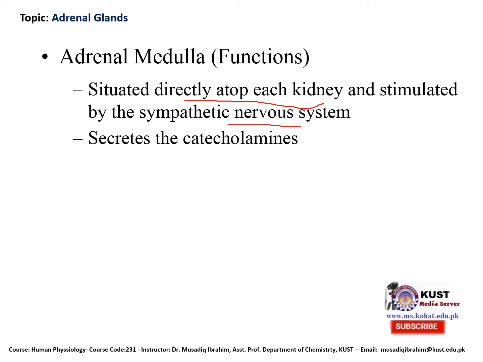The difference between the adrenal medulla and the adrenal cortex is that the adrenal cortex, which is the outer part of the adrenal gland, is not innervated by the sympathetic nervous system, but the adrenal medulla is innervated and stimulated by the sympathetic nervous system.